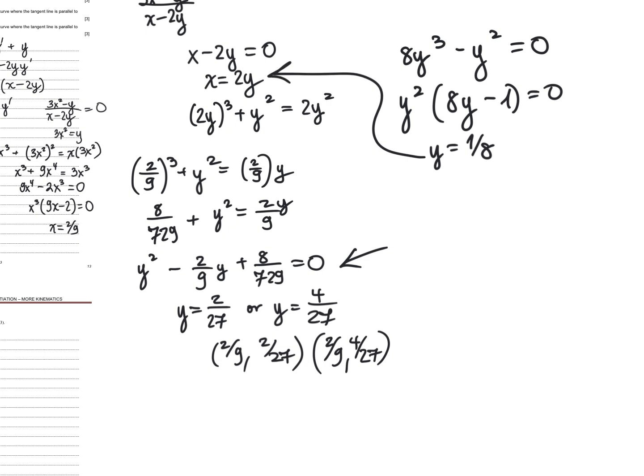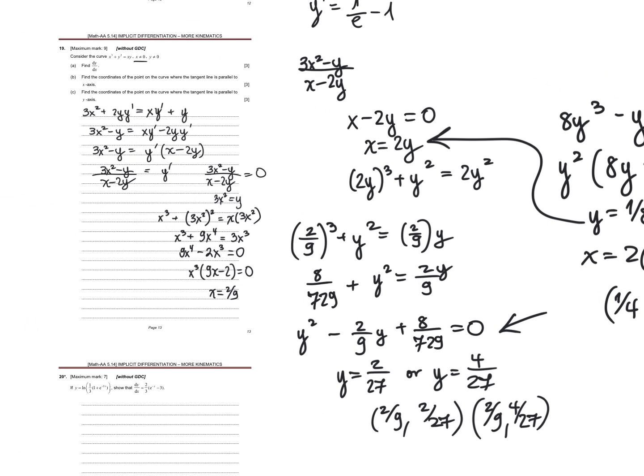So you'd think 1 over 8 is the gradient for this x, but it's just part of our simultaneous equation. Okay, so we've got x is going to be 2 times 1 over 8, which is 1/4. So our other point is the point that is tangent.